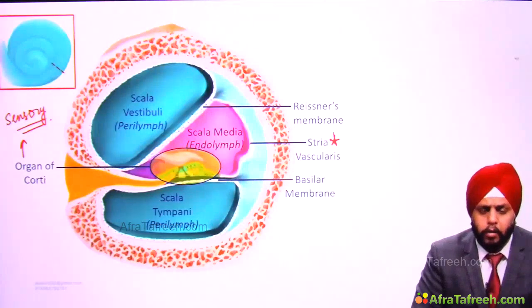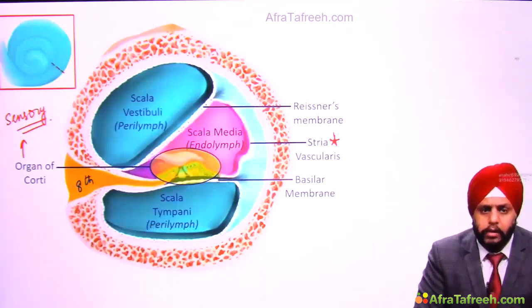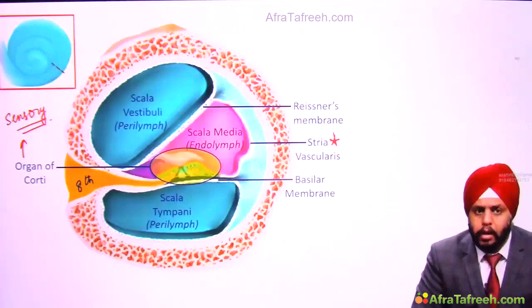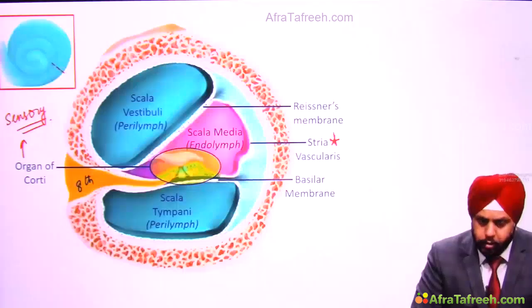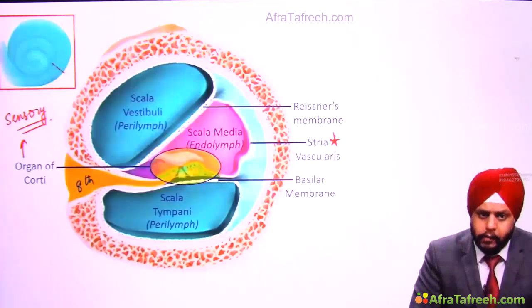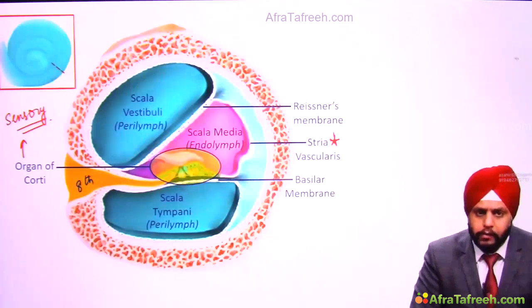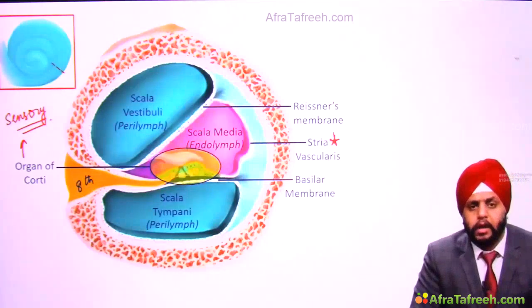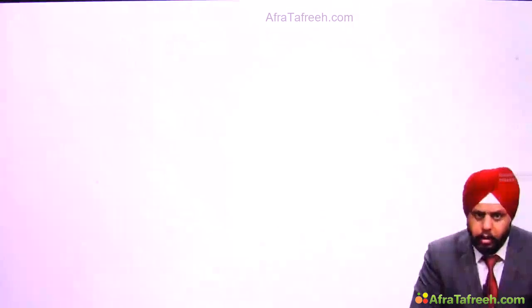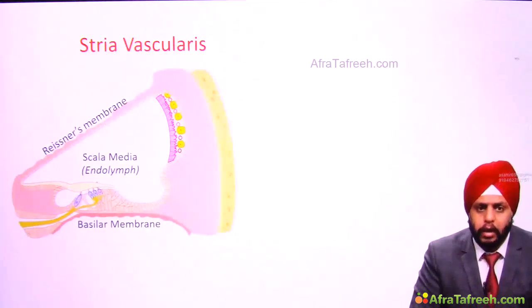From here, the sound stimulus is converted into an electric impulse and it is given to the eighth nerve. So you can see this eighth nerve fiber coming out of the organ of Corti. Now before we go ahead and discuss the organ of Corti, let's first talk about the endolymph and the stria vascularis.